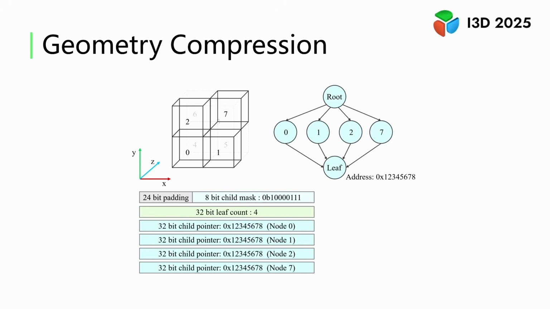The following 4 bytes store the number of leaf nodes in the subtree rooted at that node. The final 0 to 32 bytes contain pointers to the child nodes, with the number of pointers corresponding to the number of binary ones in the child mask. For the 3 deepest layers of nodes, we consider them as individual 4x4x4 leaf chunks and utilize a 64-bit bitmap to represent the geometric information of the leaf chunks.